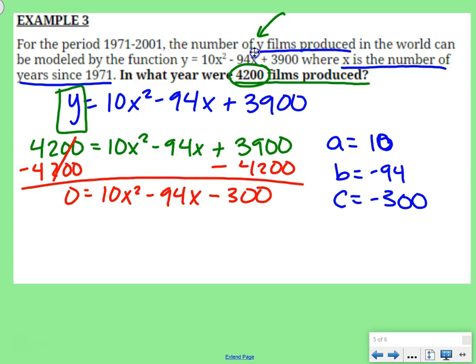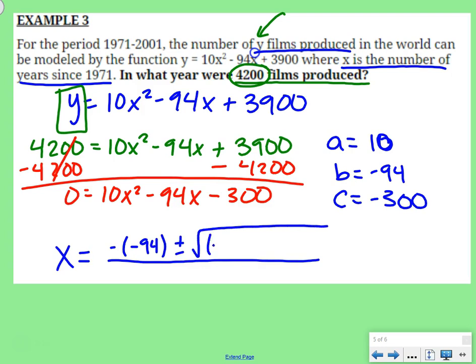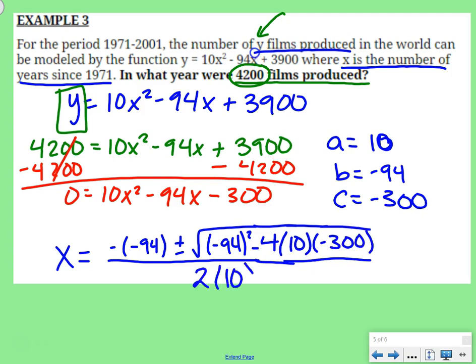Set up the quadratic formula. x equals negative B, so negative 94, plus or minus the square root of B squared, so negative 94 squared, minus 4 times A times C, all over 2 times A.